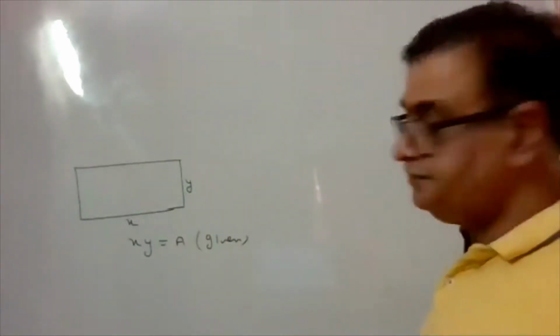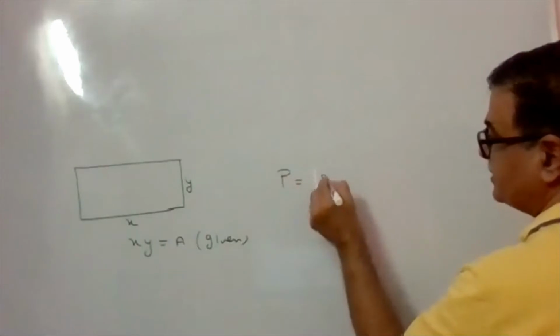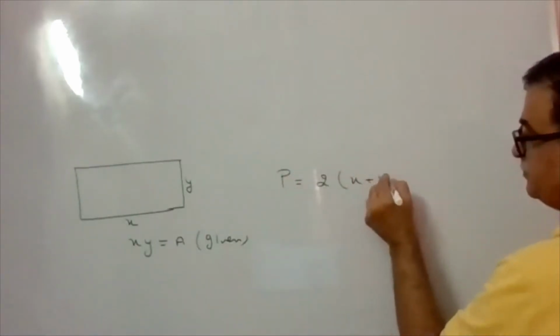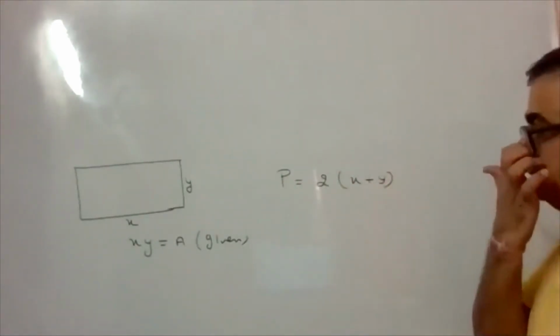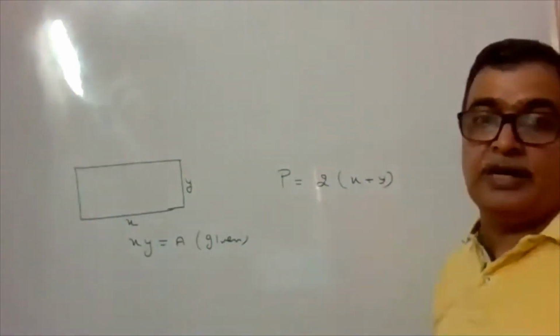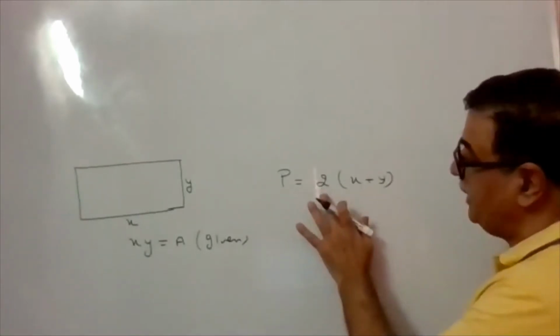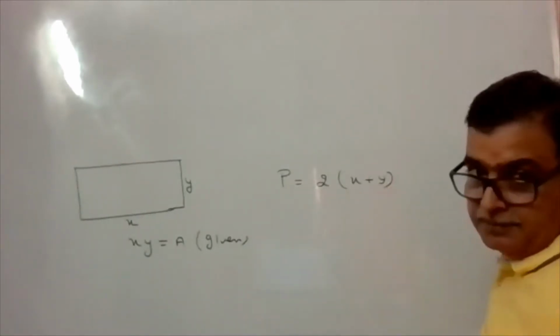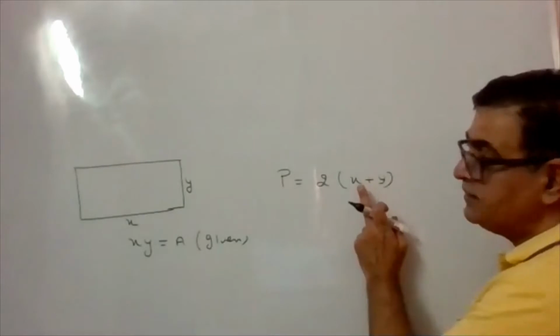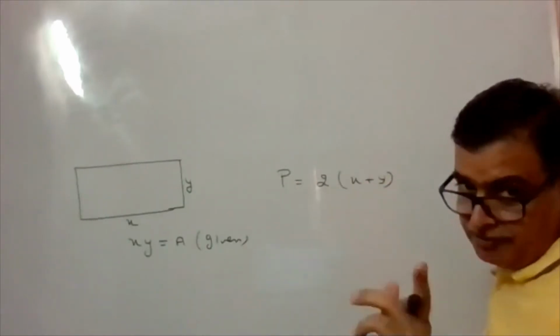Area is given. We want the perimeter to be minimized. Perimeter we have as twice of x plus y. Now how many variables are there? x is a variable, y is a variable, P the perimeter is a variable.